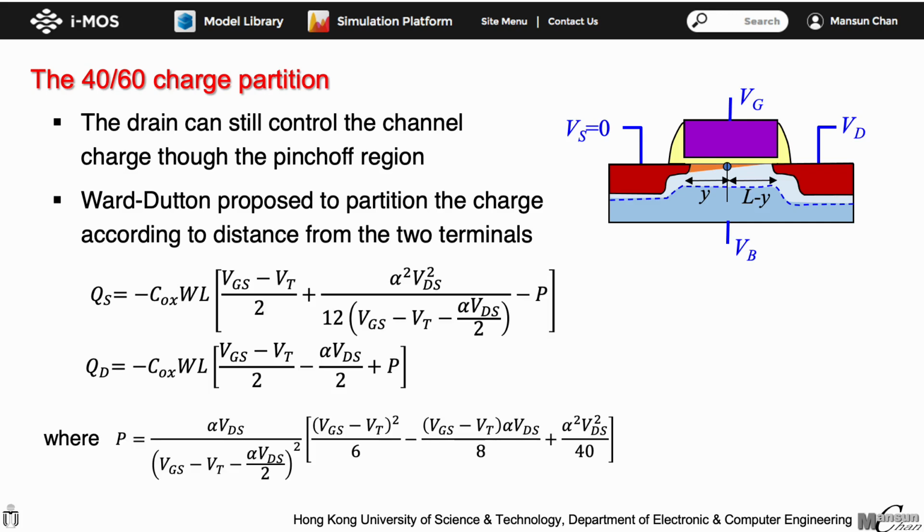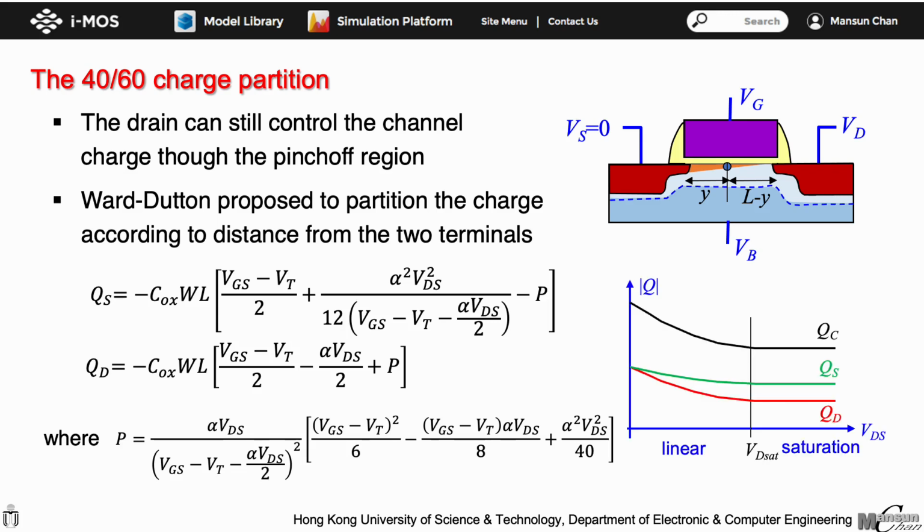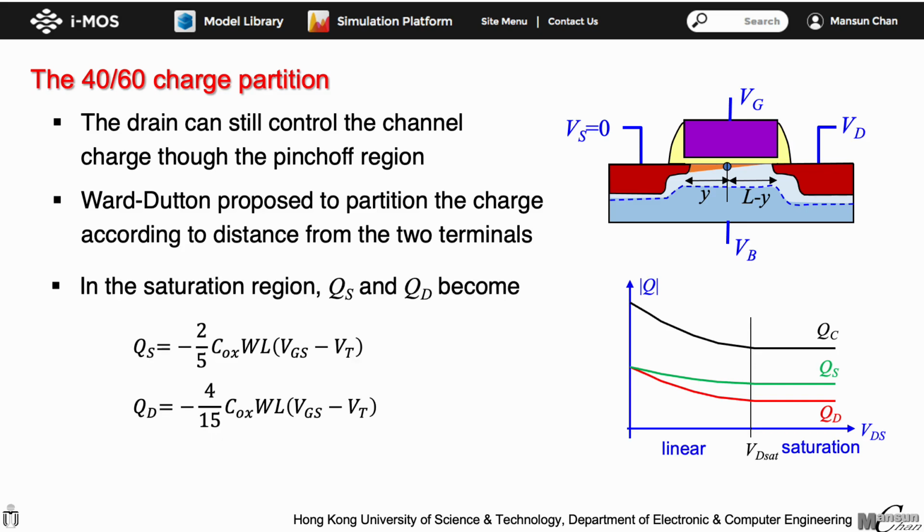Performing the integrations, we obtain the expression of QS and QD as given here. Graphically, the resulting characteristic of QS and QD are given here. The source and drain charge in the saturation region become what is given in the graph, and the resulting charge partition in the saturation region is 40-60.